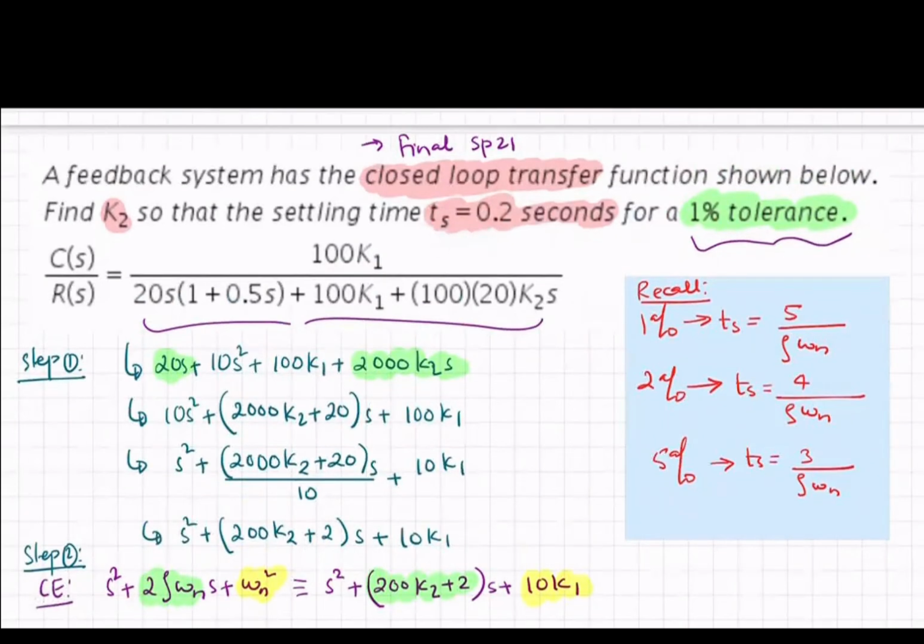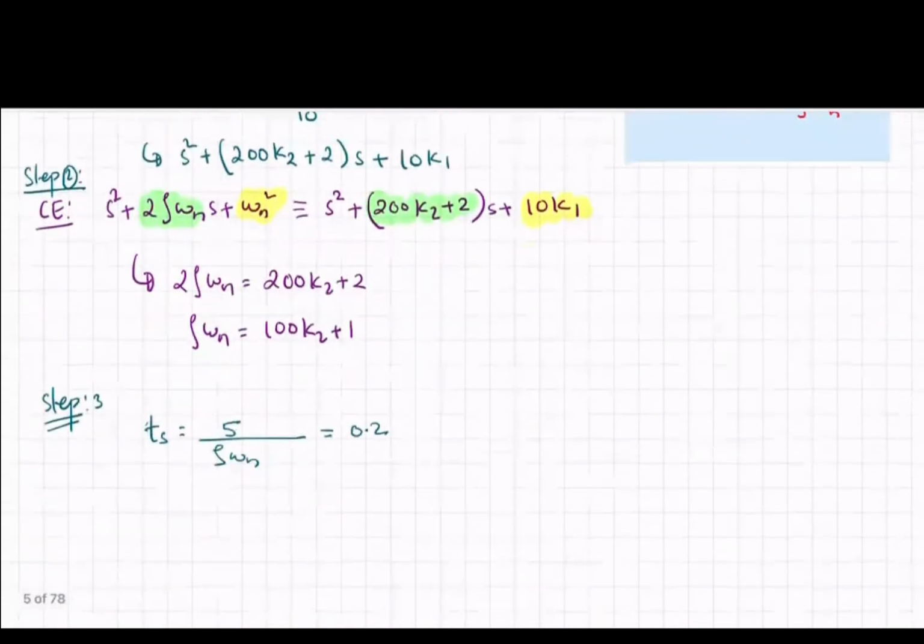As you can see, t_s equals 0.2. So zeta omega n equals 5 divided by 0.2. So this is basically 50 divided by 2, which is going to be 25, right?